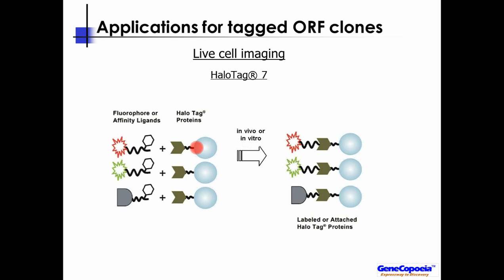So this is the way halotag works. If you have a halo tag on your protein, you then do a reaction with various different affinity ligands, and the available affinity ligands can have different fluorophores on them. So you can actually transfect or put these labeled proteins into your cells, and depending on the fluorophore, you can see different colors.